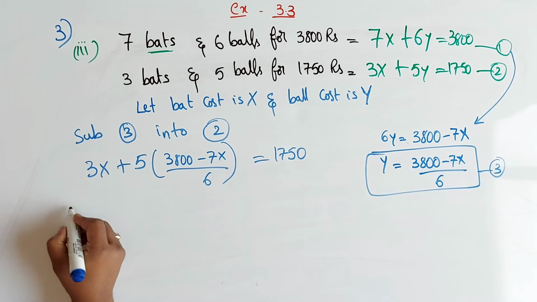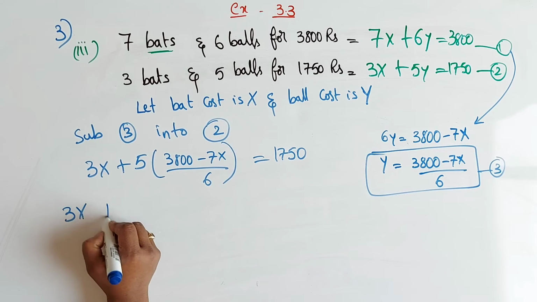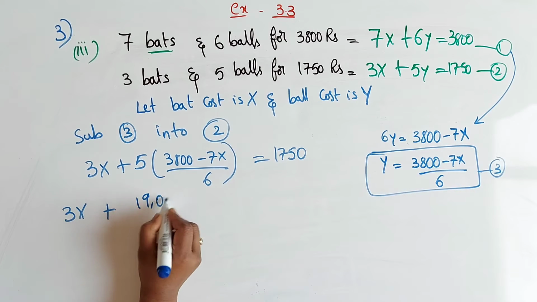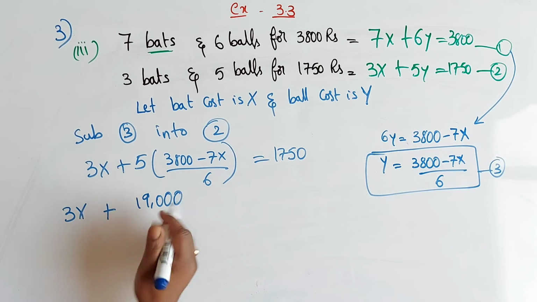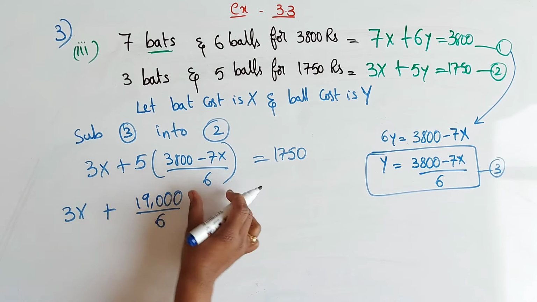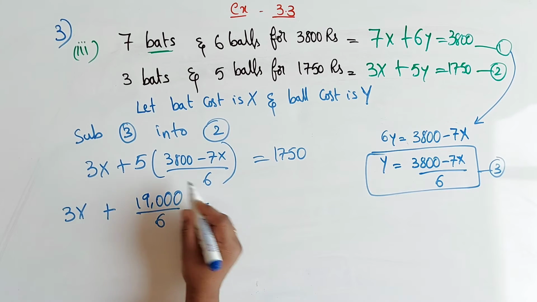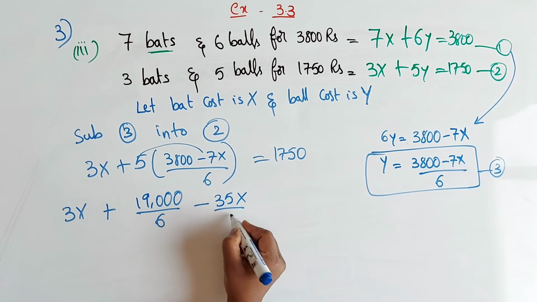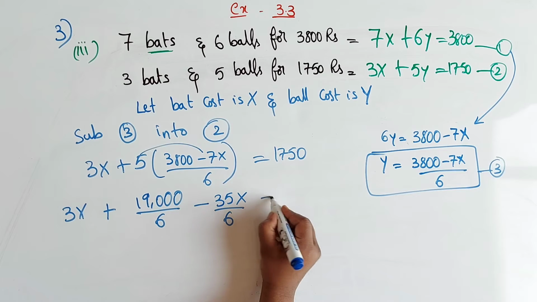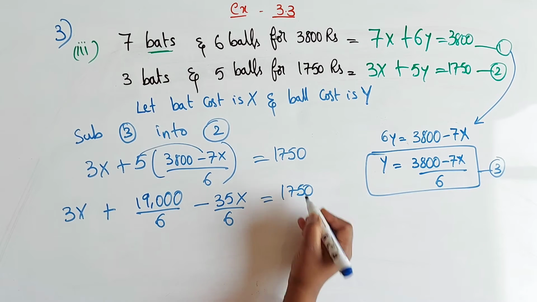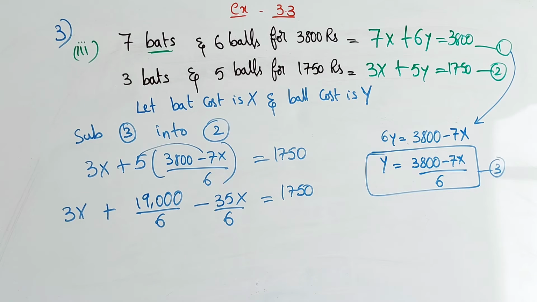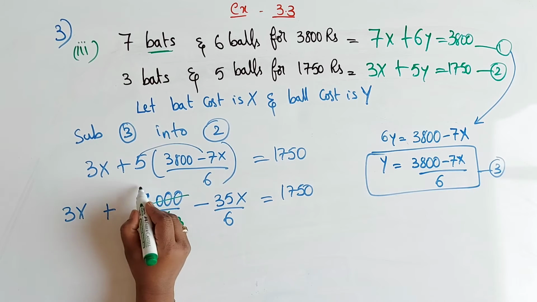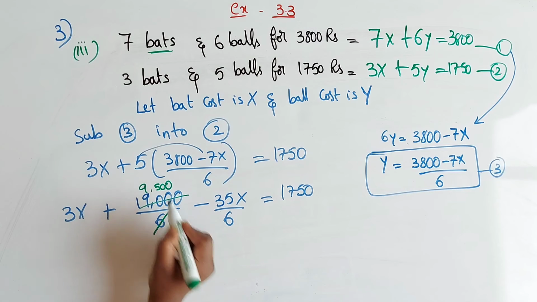Right, children? Now 3x we can write as it is, plus 5 into 3800, children, 19,000 here. We are writing 6 as the denominator separately. Minus 5 sevens are 35x divided by 6, that equal to 1750. Here 6 and 19,000, children. 2 3s are 6, 2 9,500s.